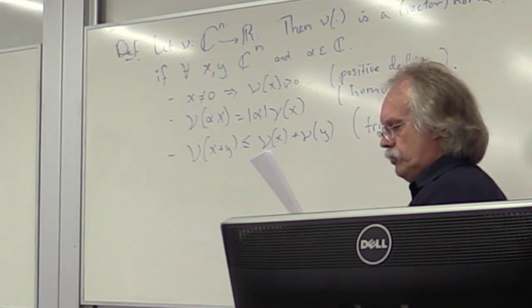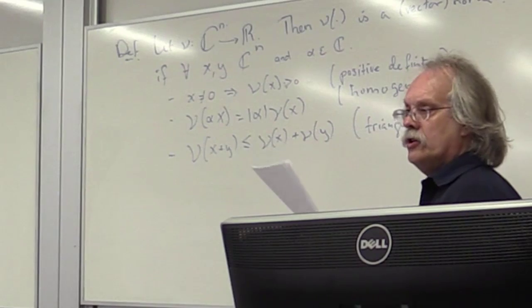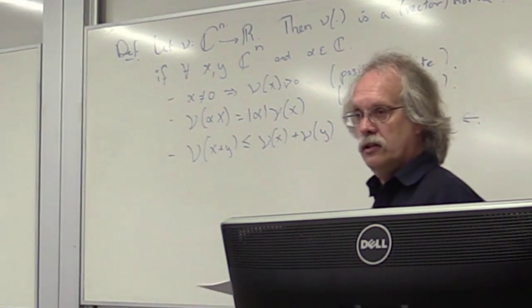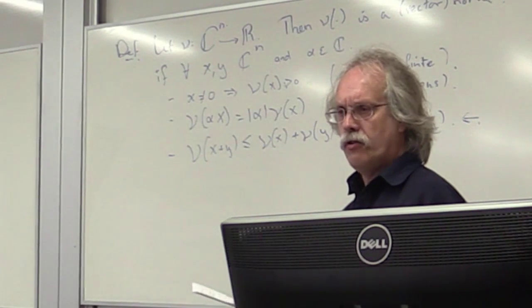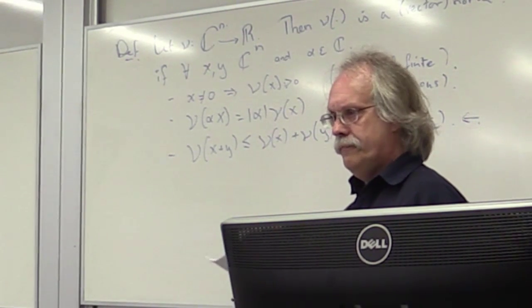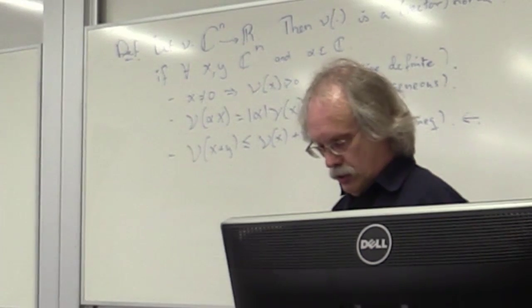To prove it you use a little lemma that's known as the Cauchy-Schwarz inequality. All of that is in the notes, so you can puzzle through it and figure it out.